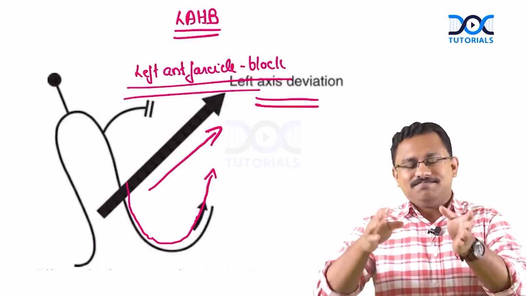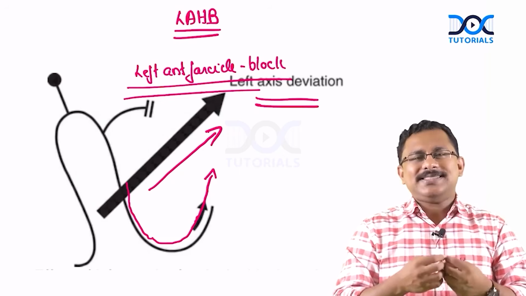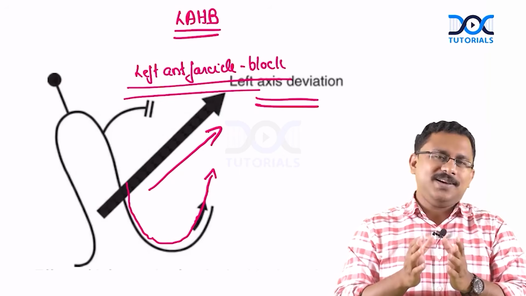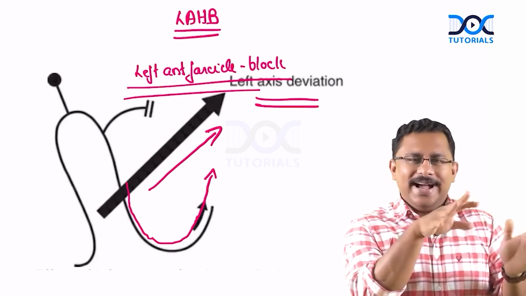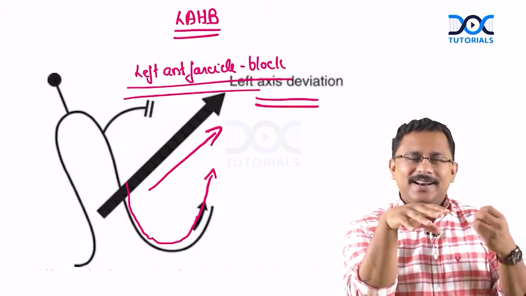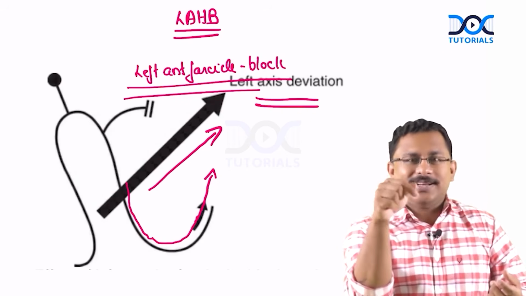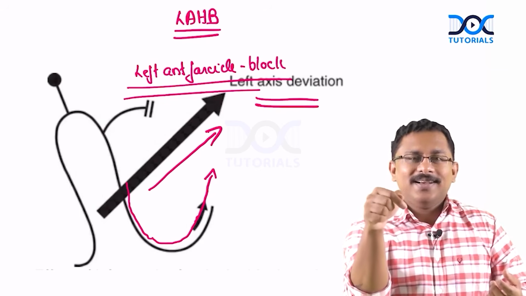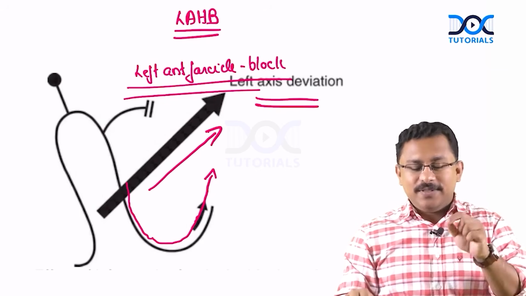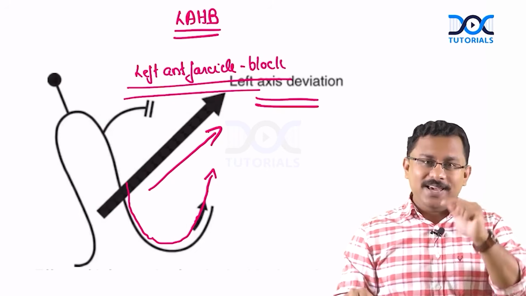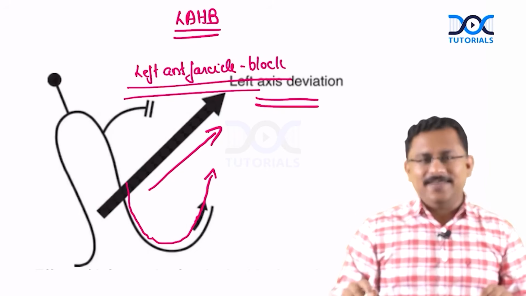However, in case of a right bundle branch block, the depolarization wave again does not shift much. It is again towards the region of the left ventricle, so the axis does not shift much in a right bundle branch block. But when there is a left anterior hemiblock, there occurs a left axis deviation. On the contrary, if the posterior fascicle is involved, then you get the opposite, you get a right axis deviation.